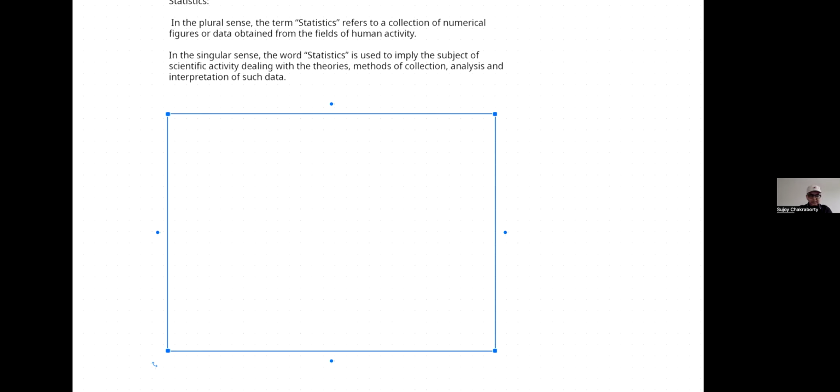Statistical methods, if not applied in the proper perspective of the collected data, may lead to false conclusions, right?